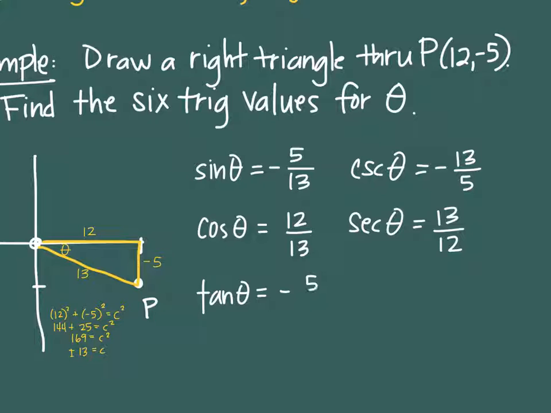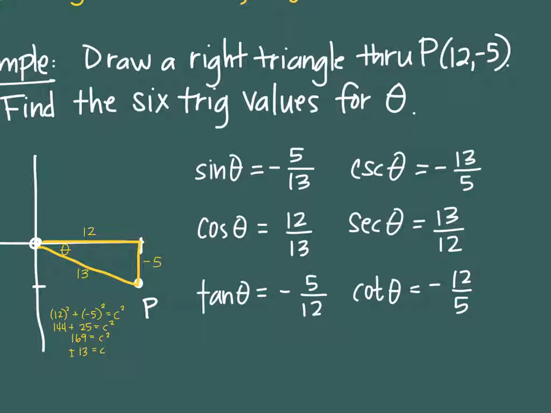That's -5 over 12. And again, I'm going to write the negative just sort of in front as opposed to next to the -5 or the 5. But I'm not going to mark you wrong either way. And then cotangent of theta will be the reciprocal of that, which is negative in front of 12 over 5.